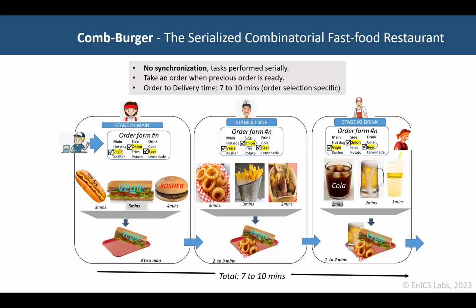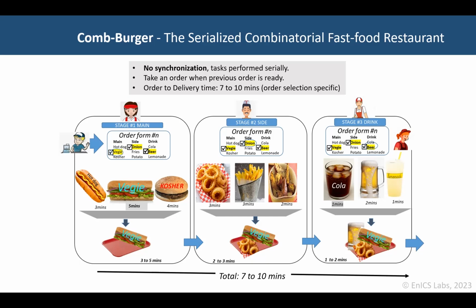Assume we have a fast food restaurant, and we have a pipeline of preparing the tray. It starts with a form where you mark what you want for the main dish, the side dish, and the drink, and this is prepared in a pipeline fashion.